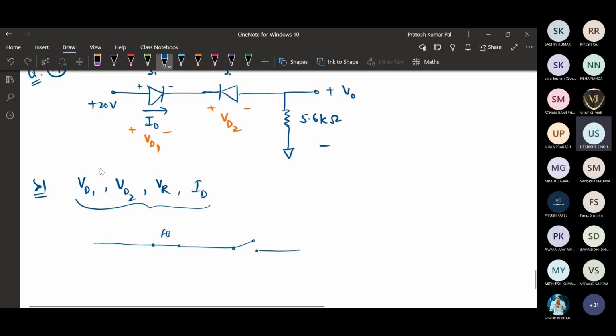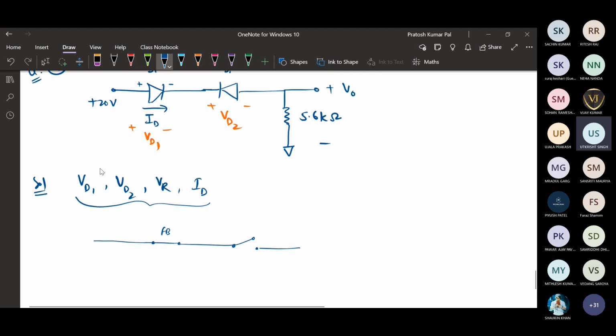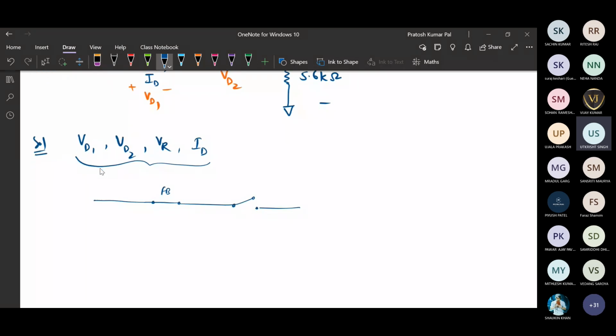That means the current flowing through this will be zero. If it is forward bias, we will place an equivalent circuit with 0.7 volt forward voltage, and if it is reverse bias, it will be an open circuit.